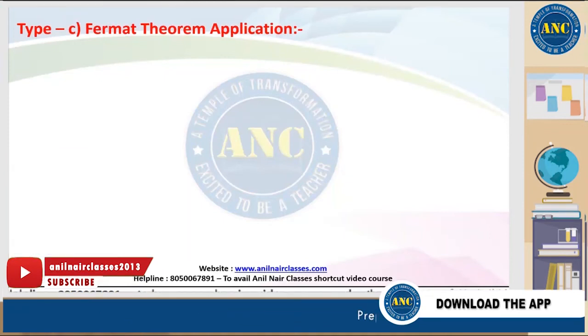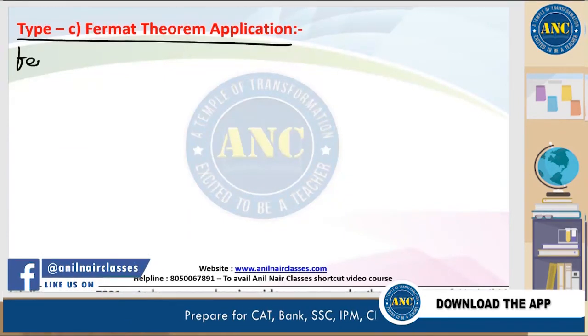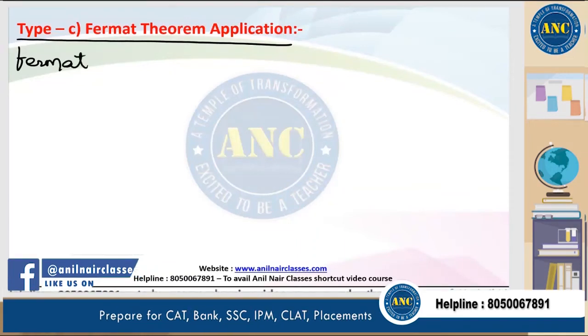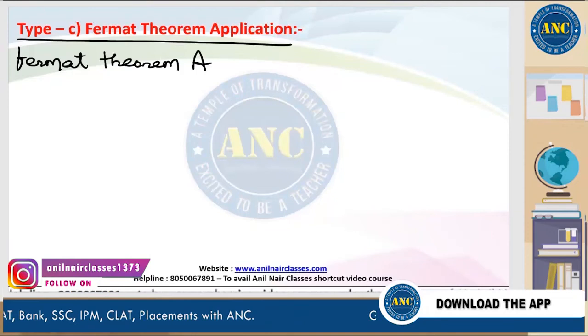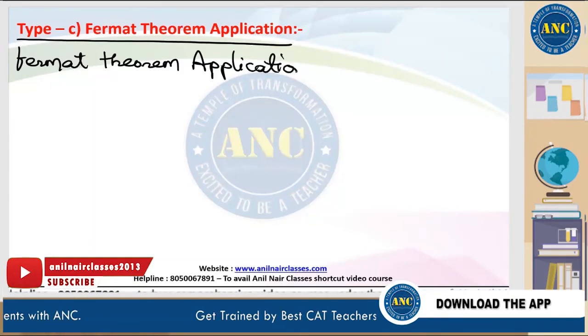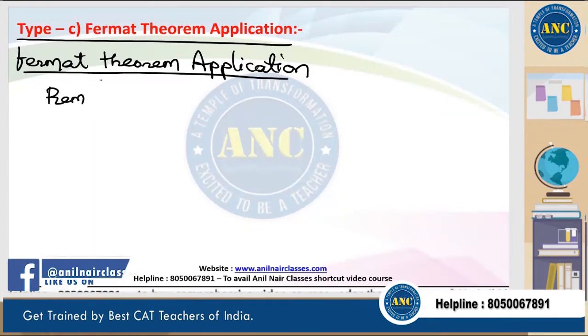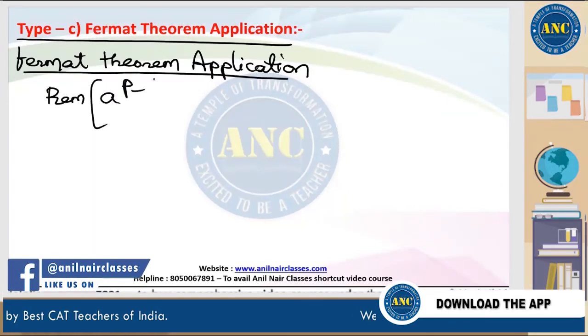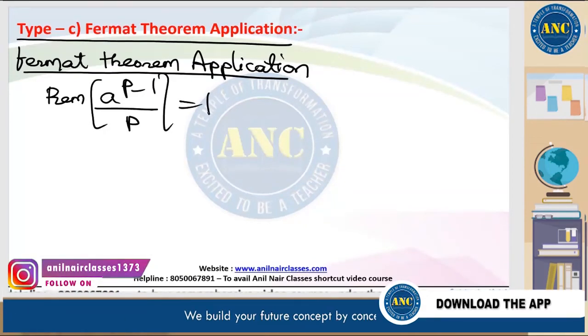Another very important concept, Fermat theorem application. Please write down Euler's theorem over, then Fermat theorem application. A power p minus 1 divided by p is equivalent to 1.